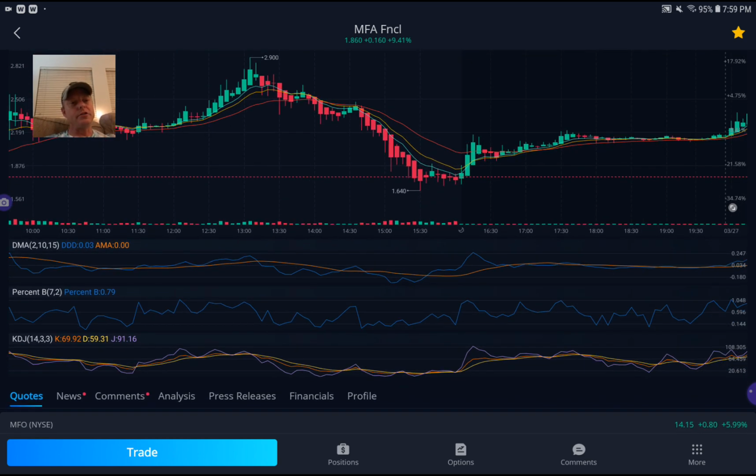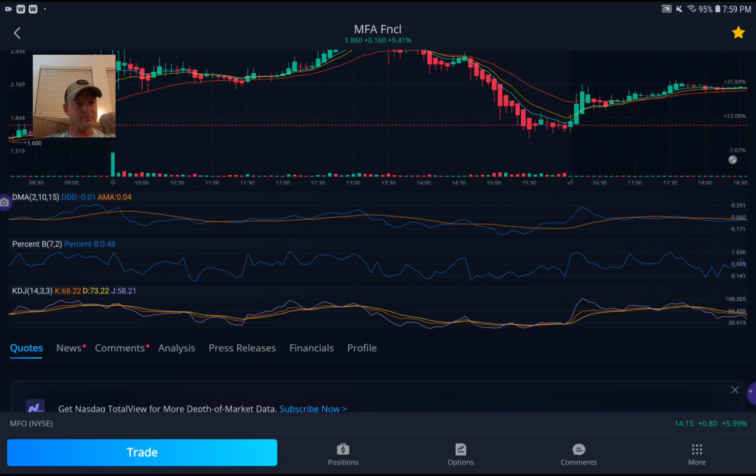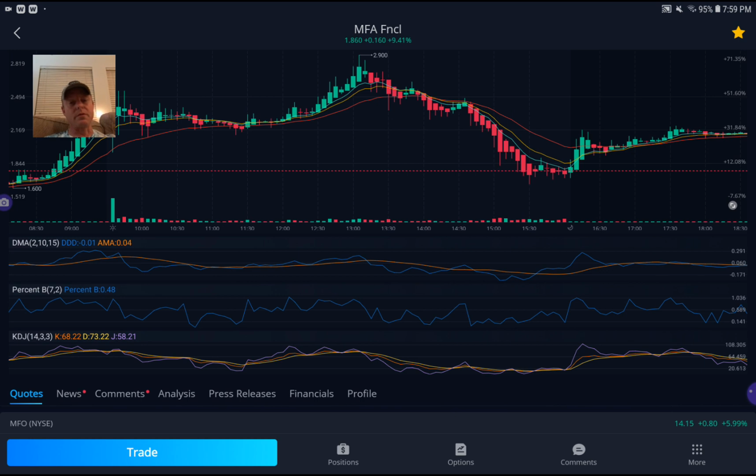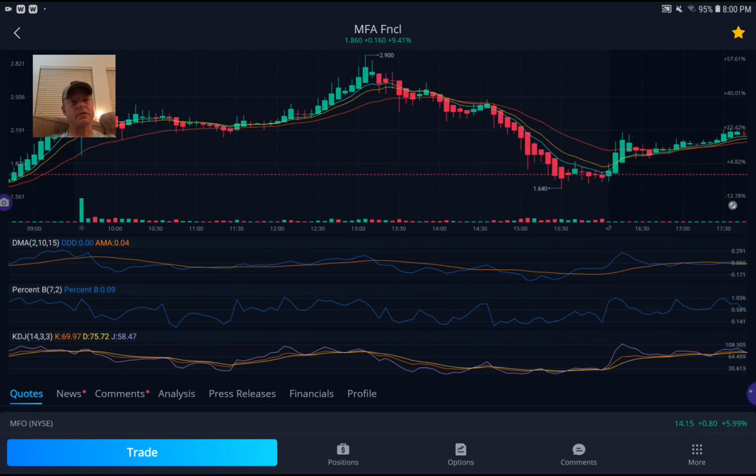So in addition to the nice, smooth, wavy D percent, you have your J percent, which is an indicator that signifies overbought and oversold conditions, and we'll cover that in a whole different lesson.